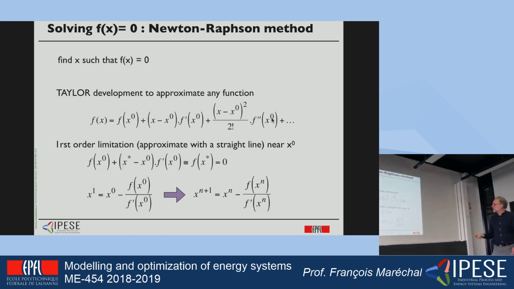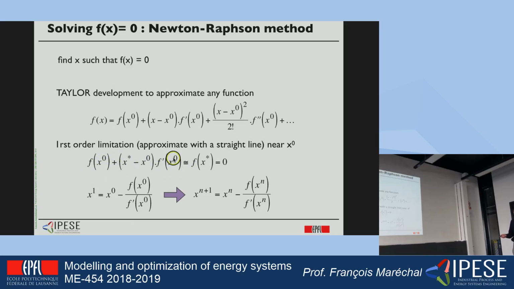In this case, the function becomes f of x0, the value for a given approximation of x, plus the variation of x times the derivative of f at x0.